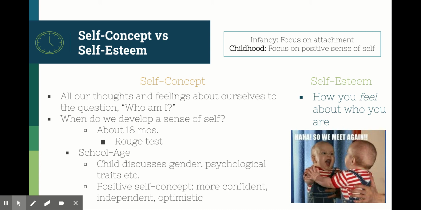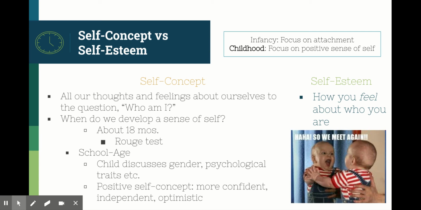We further develop that sense of self during school age. Think elementary school going into middle school, where they start discussing things like gender. They recognize differences between genders. They look at other people and their own psychological traits. We know that children who have more positive self-concepts have a stronger sense of who they are, are more confident, more independent, and more optimistic.